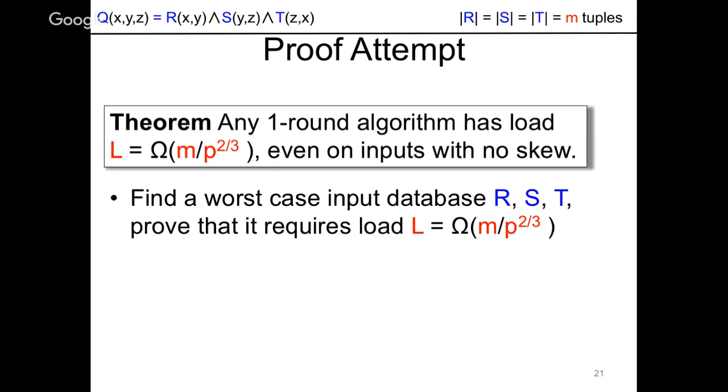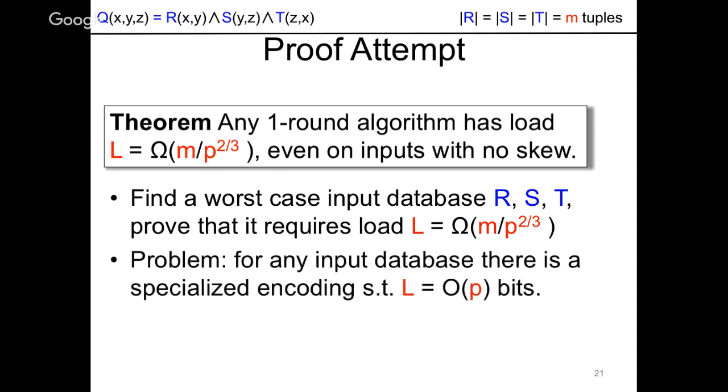I have not restricted in any way how the model can encode information in the messages that are being exchanged during the communication step. So if you have in mind a very bad database, a very smart algorithm could have a smart encoding that for that database only uses 1 bit. There is 1 bit for each input server. So by just communicating p bits, you have identified that single database.